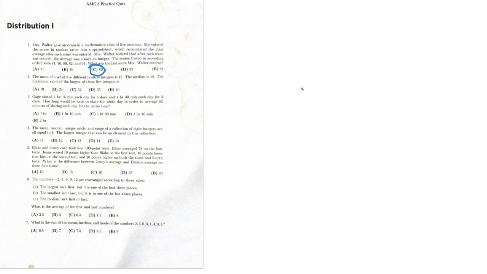Number 2, this is the 2001 AMC 8, problem 21. The mean of a set of 5 different positive integers is 15. The median is 18. The maximum value of the largest of these 5 integers is?